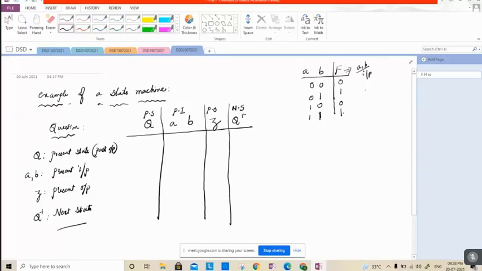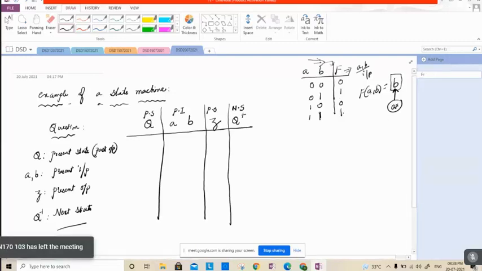Now what will be the circuit expression for this? F of AB is B. Do we have A in the output expression? A is not there, but still, what are the inputs for this particular function? A and B. We cannot say that only B is an input here.